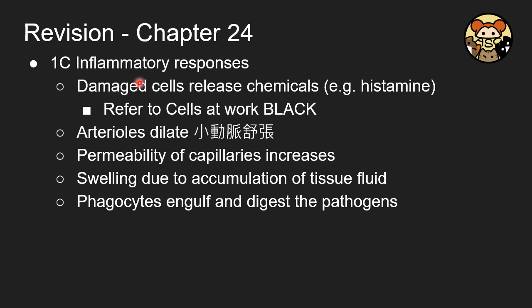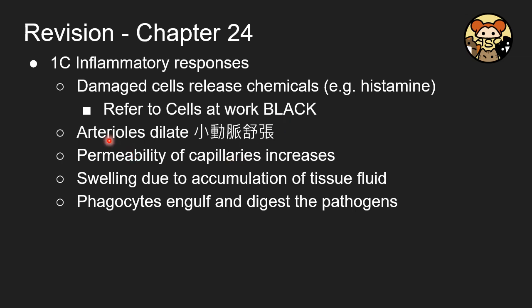And sometimes we get wounds on our hands and there is inflammation. So what actually is inflammation? The damaged cells will release a chemical called histamine, and this is included in Cells at Work Black, which is the black version of Cells at Work, which is also highly recommended to all biology students.